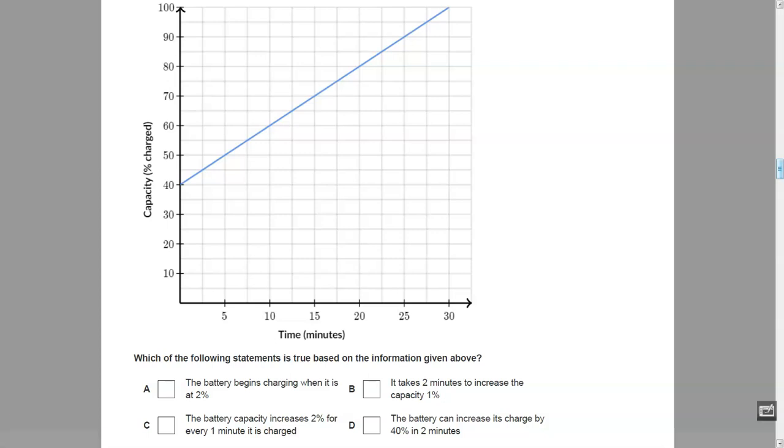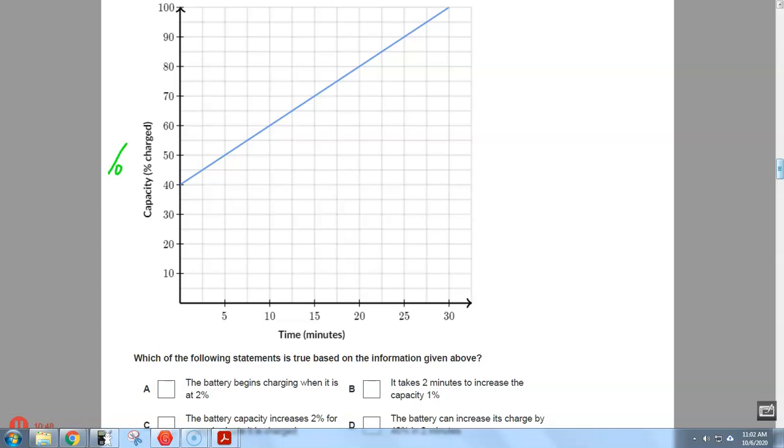So again, how you interpret the chart is, this is the percent that the battery charges. And down here is how long it takes in time. For instance, right here, it's at 40% capacity to begin with.